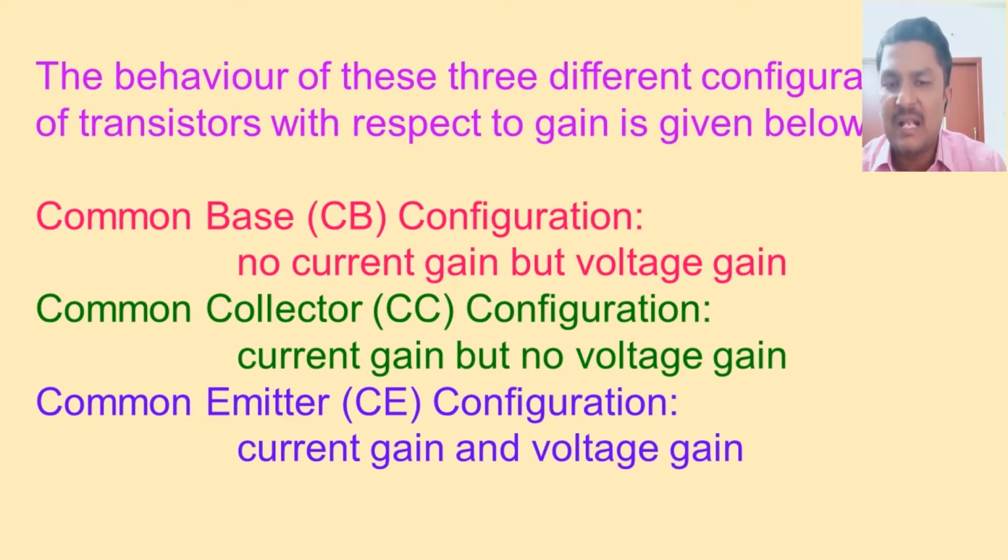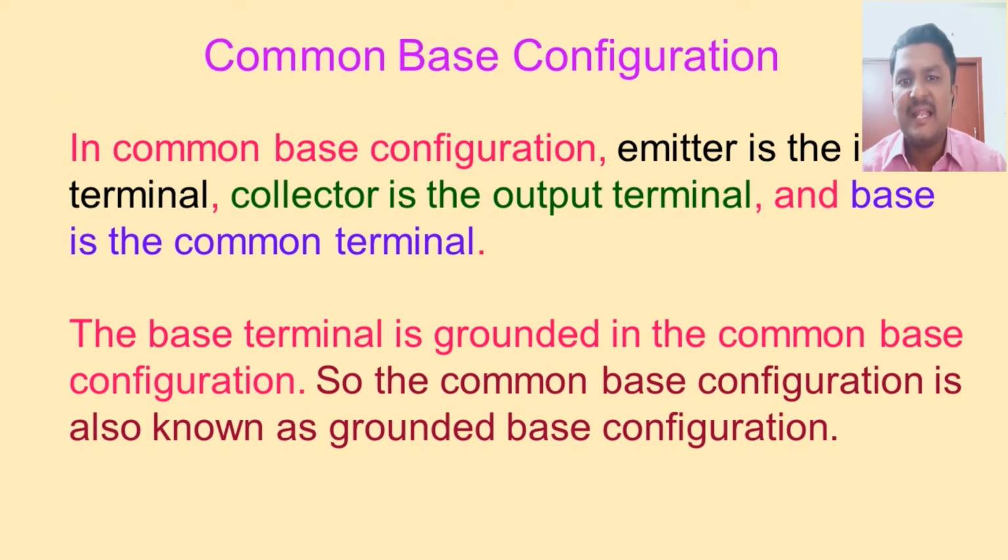In common emitter configuration, there is both current gain and voltage gain. Note that. This is the behavior of the three configurations of a transistor.